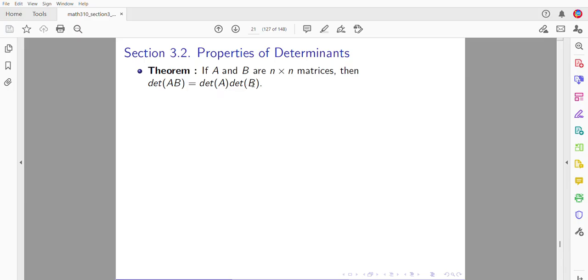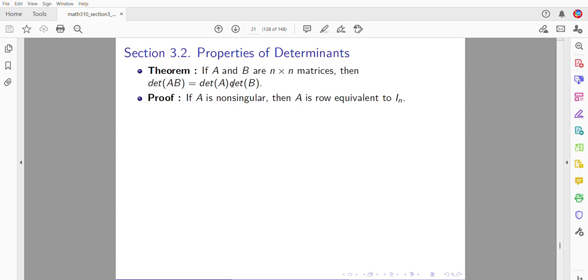So, start with the statement. If A and B are n by n matrices, then determinant of AB equals determinant A times determinant B. I repeat, determinant of A times B is determinant A times determinant B. Okay?